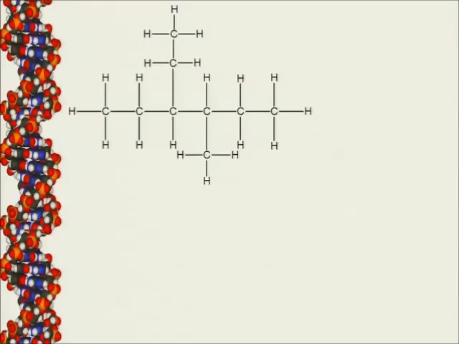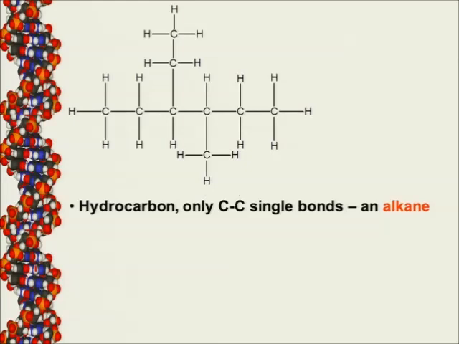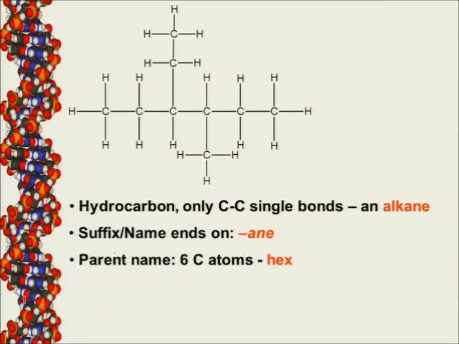So let's see whether we have done it the way that is supposed to be done. We said it contains all single bonds, therefore it belongs to the homologous series of the alkanes, and then the suffix there will be ANE, and then because it has 6 carbons on the parent name, we are going to use the prefix HEX, hex, for 6.